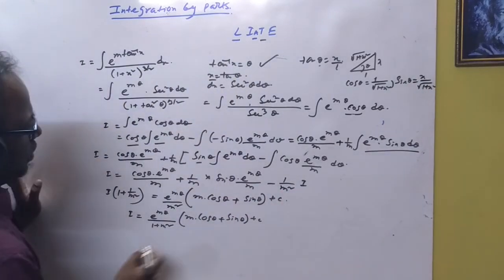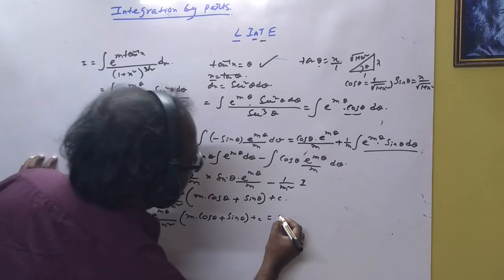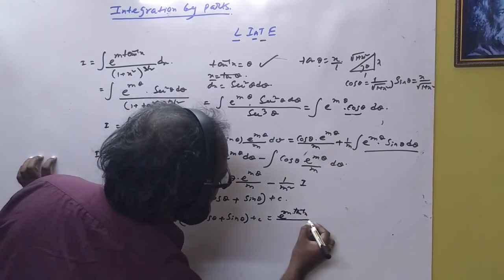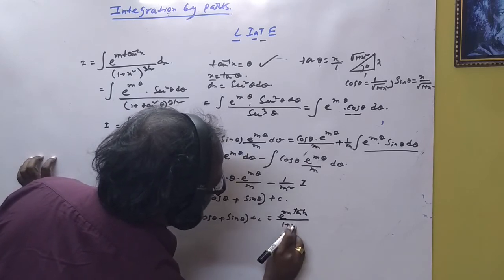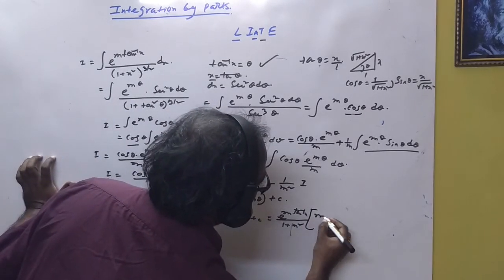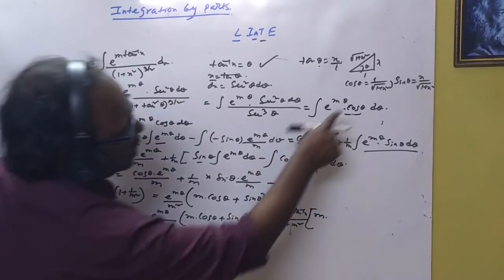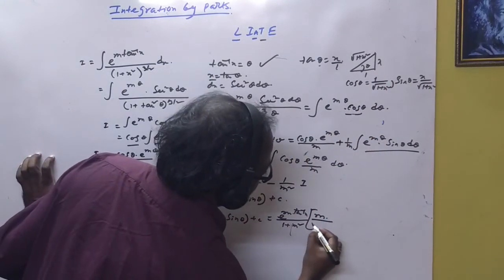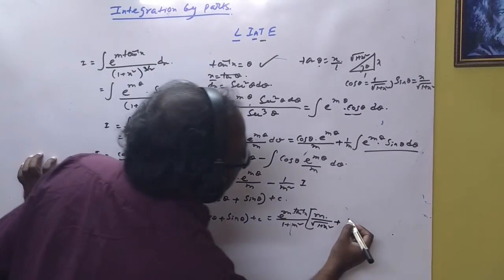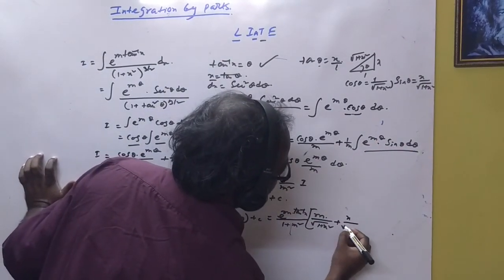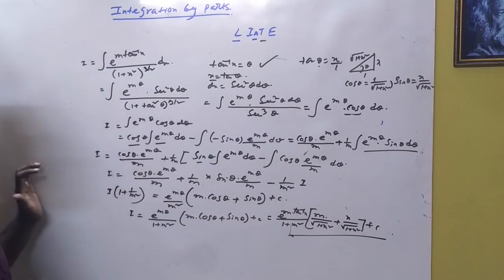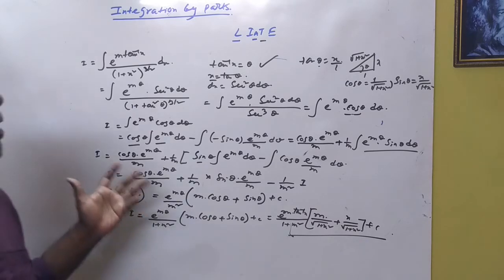Okay, so put here e to the power m theta, that is e to the power m tan inverse x, by 1 plus m square, and now m into cos theta, that is 1 by root over 1 plus x square, and sin theta, this is x by root over 1 plus x square here, plus c. This is the answer, and take the LCM 1 plus x square. Okay, this is the method.